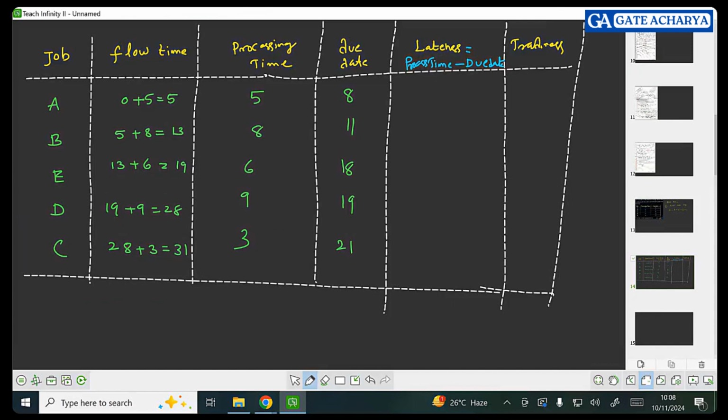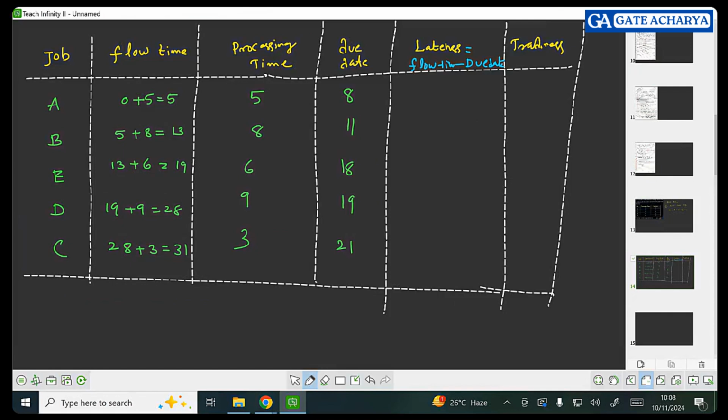Now here, what is the processing time? Not processing time, flow time, guys. Check it once. It's flow time minus due date.